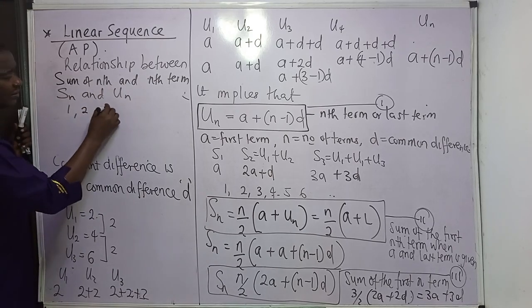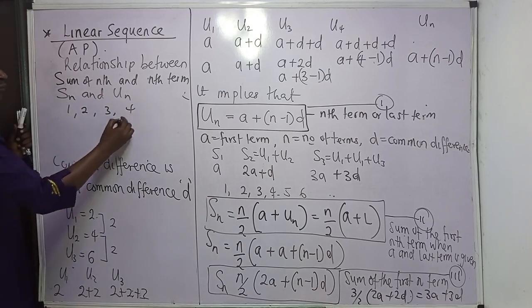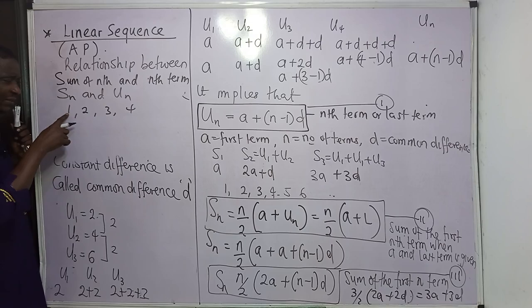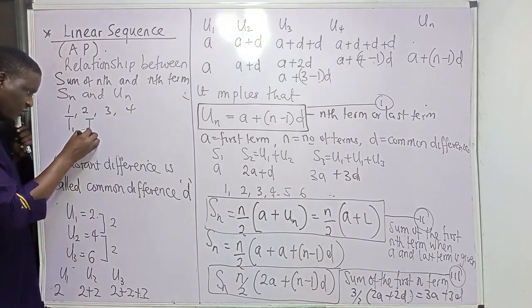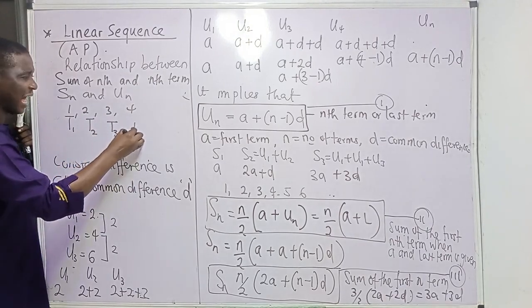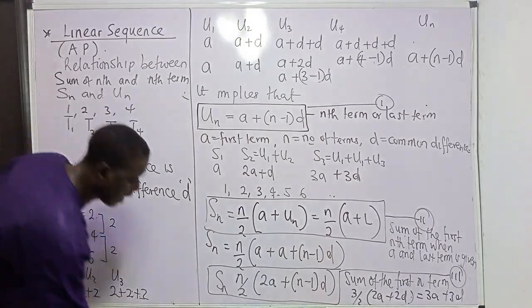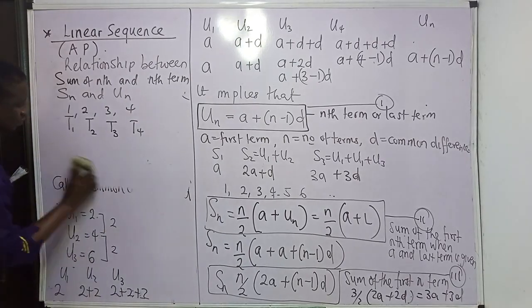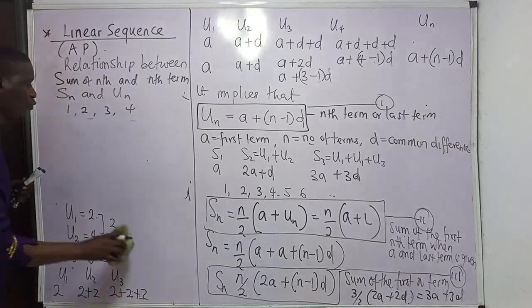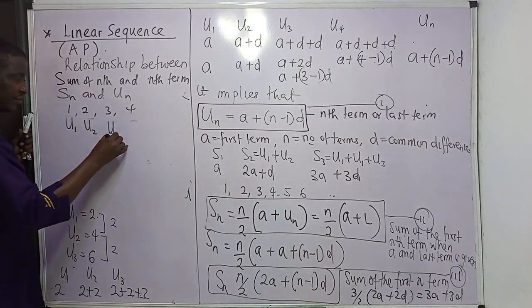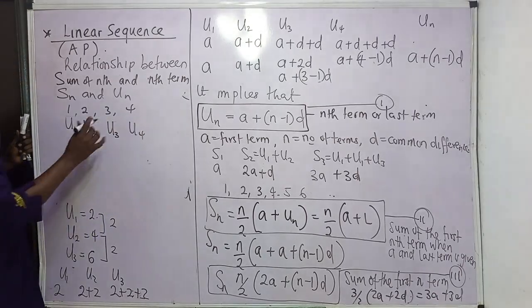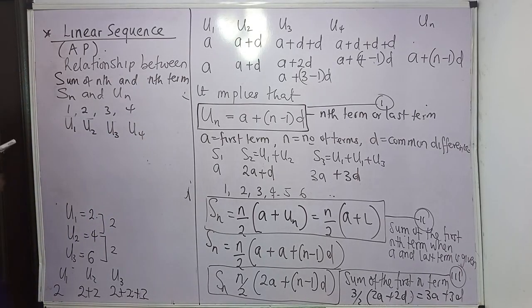1, 2, 3, 4. If I have 1 plus 2 together, this is T1, T2, T3, and T4. Let me not use T, let me use U that you are used to. Now if I want to get S4, who can tell me S4?